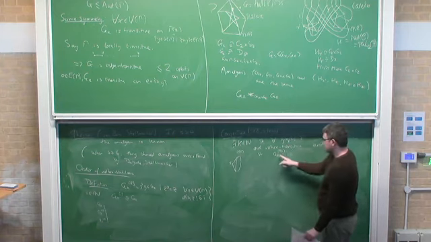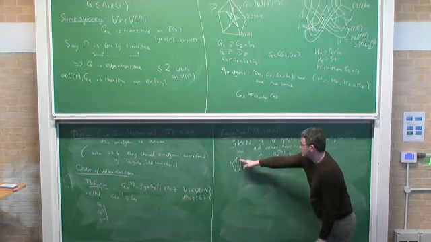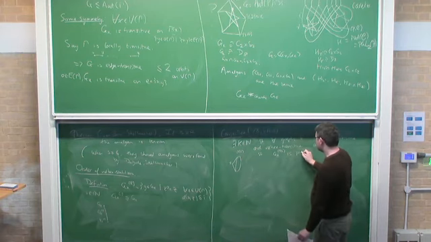And we put on the assumption that this permutation group that you get induced is primitive.